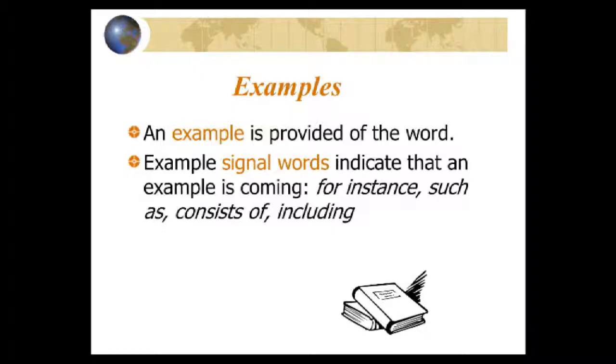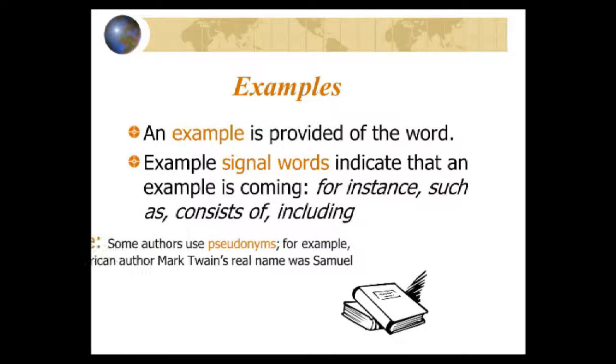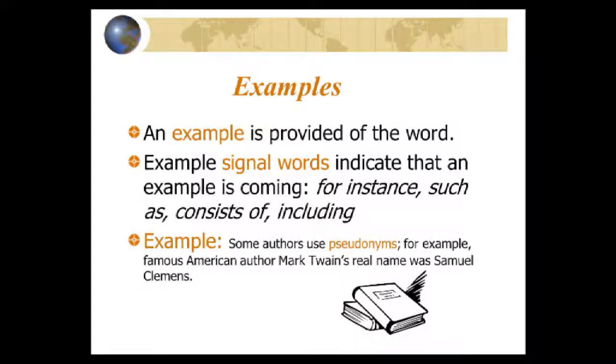Now, when using the example context clue, they're going to give us some signal words that tell us, here is an example of what this word is. It's going to be for instance, such as, it consists of, or even including. An example of this would be: some authors use pseudonyms.